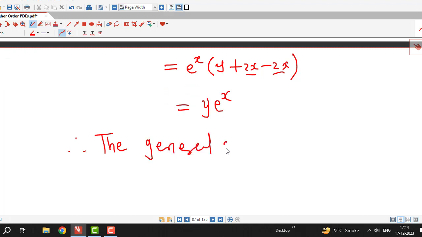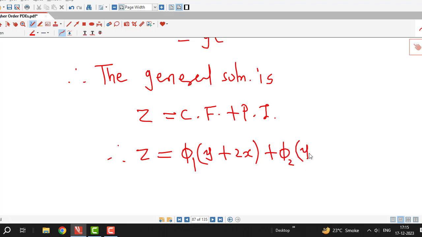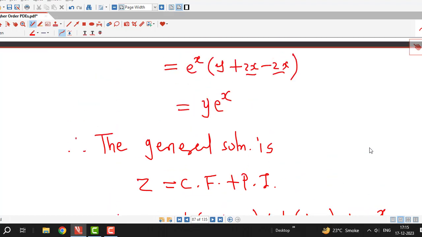Therefore, the general solution is z equal to complementary function plus particular integral, and therefore z equal to complementary function was arbitrary function of y plus 2x plus another arbitrary function of y minus x plus y times e raised to x, where phi 1 and phi 2 are arbitrary functions.